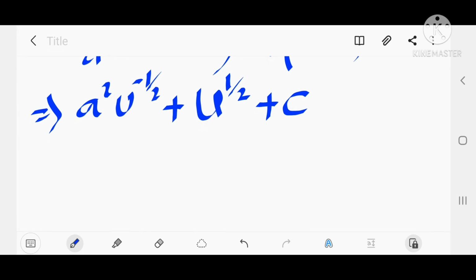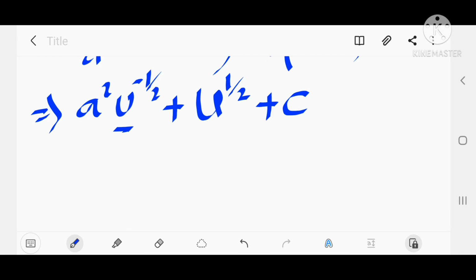So we can factor out u exponent negative half.